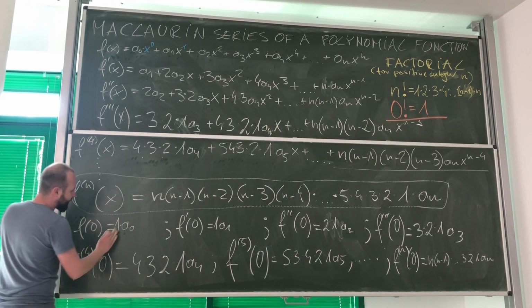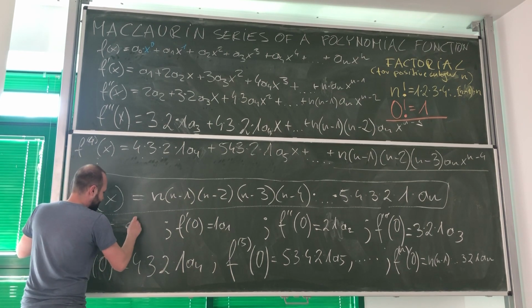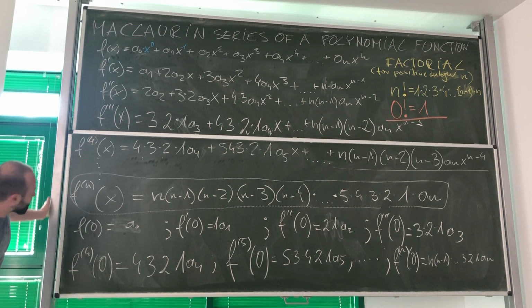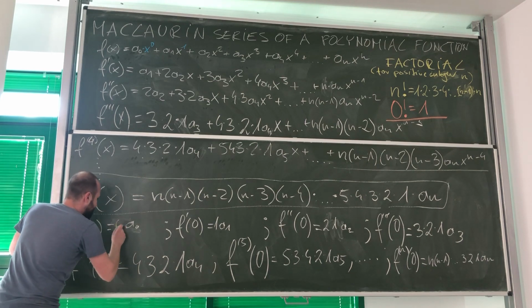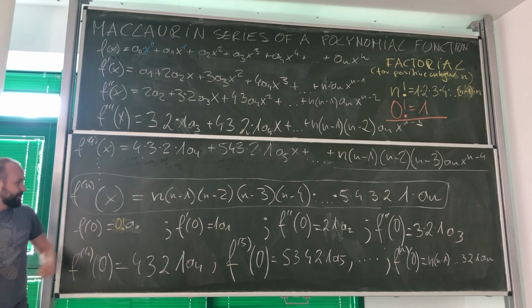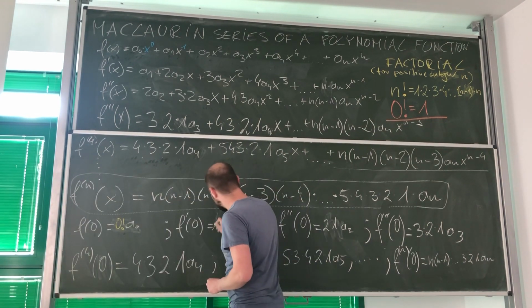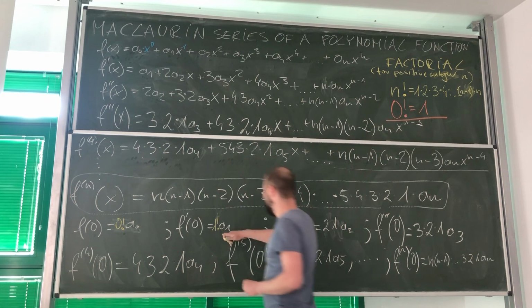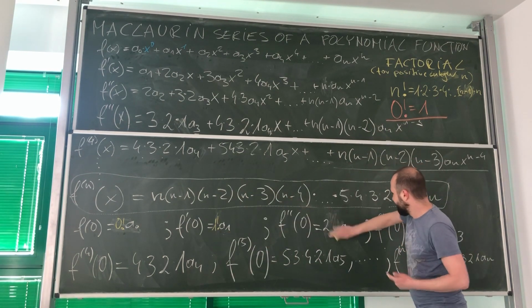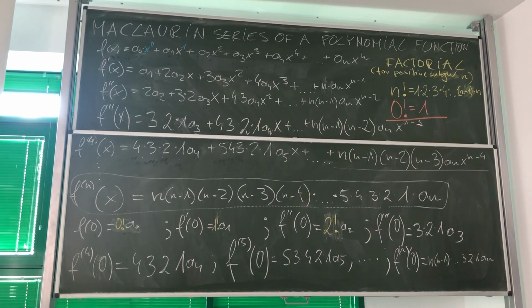And look, what do we have here? Here we have 1 times a0. I can write it as 0 factorial times a0. Over here, what can I write? 1 factorial times a1. Over here, 2 factorial times a2.